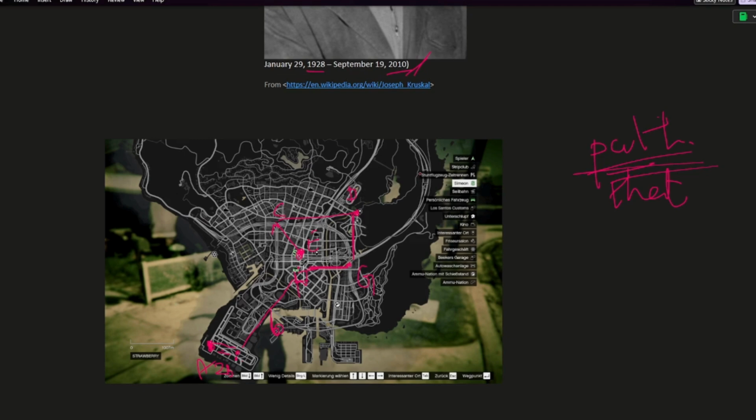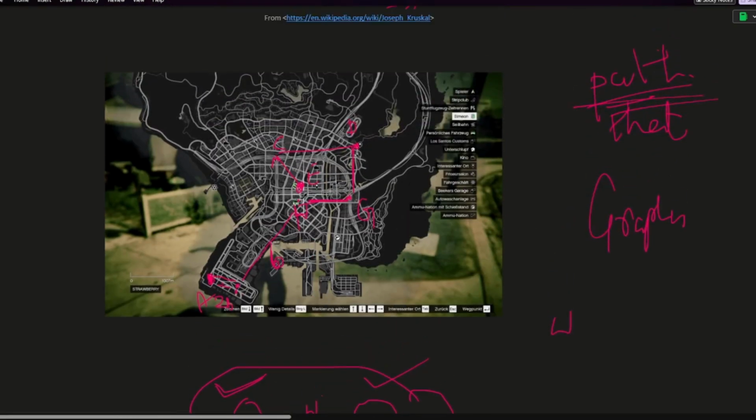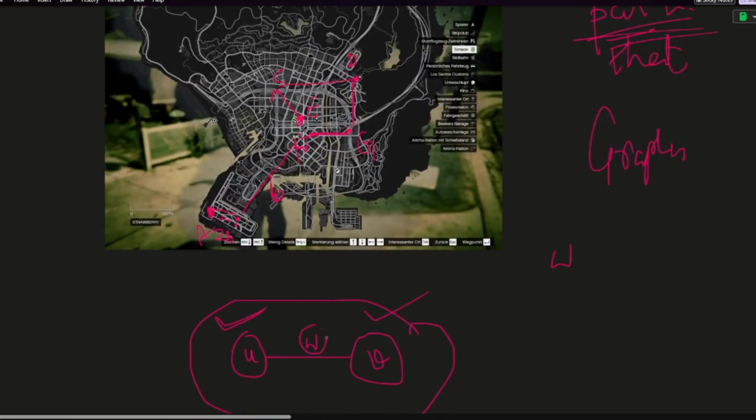Whatever this sort of map I just described is going to be converted into a data structure called a graph. In case you're learning graphs for the very first time, it's going to be represented in the form of edges. Each edge is going to have one node, U, and another node, V. Both of these would be connected, and if it is a weighted graph, as it is in this case, I would attach a weight alongside it.